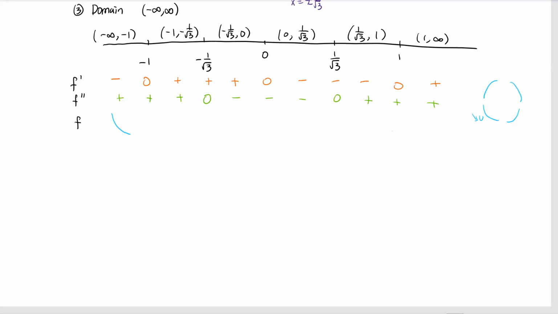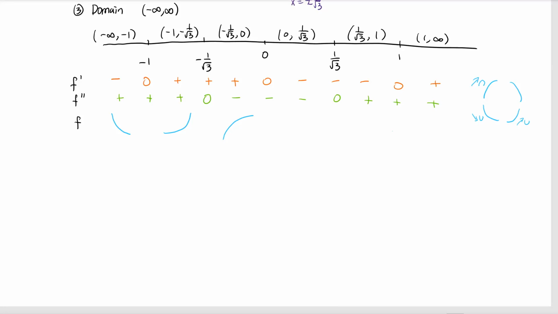Because f prime and f double prime are both positive, we have increasing and concave up. So increasing and concave up is right here. Here we have increasing and concave down, the shape like that.